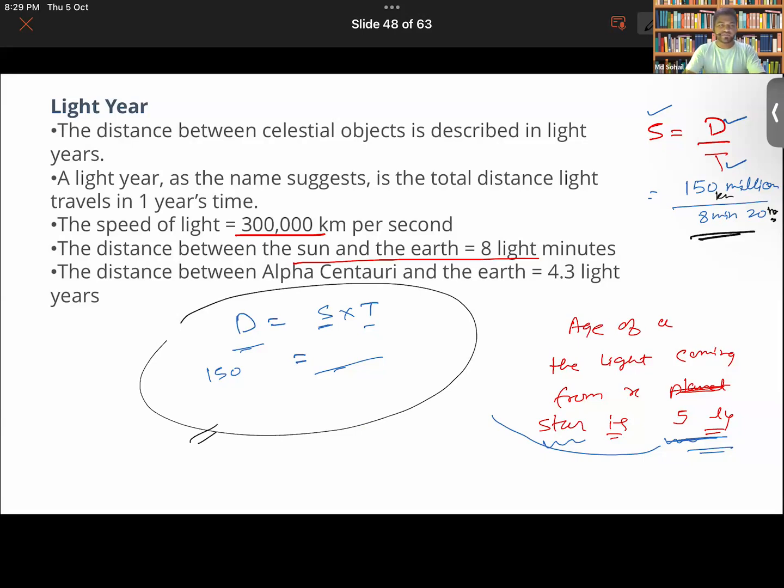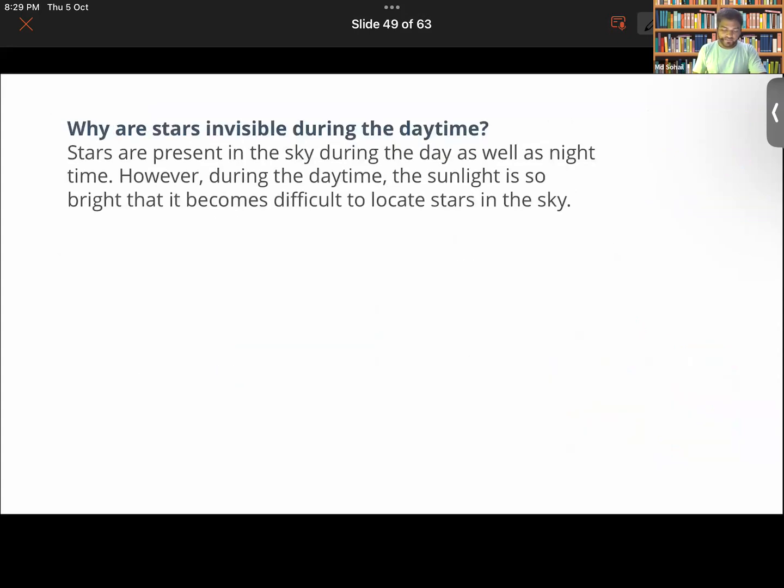Revise whatever we have discussed. In the next class we will probably be covering a few more important things. Now study about the constellations. What are the different types of constellations which we have? Ursa Minor is there, Ursa Major is there, Orion is there, Cassiopeia is there, Scorpion is there.